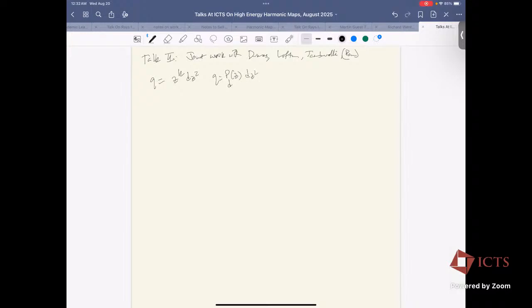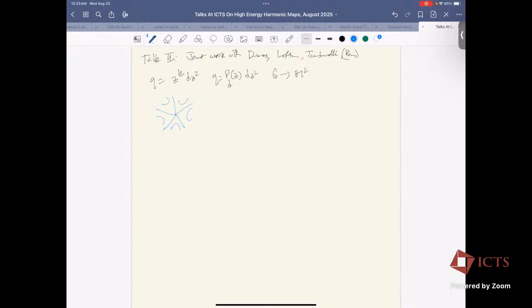And from this, we built a harmonic map from C to H2, and it had an image. The quadratic differential, if I say z to the k, I was always drawing in terms of some trajectory structure, trying to draw the leaves of the horizontal foliation.